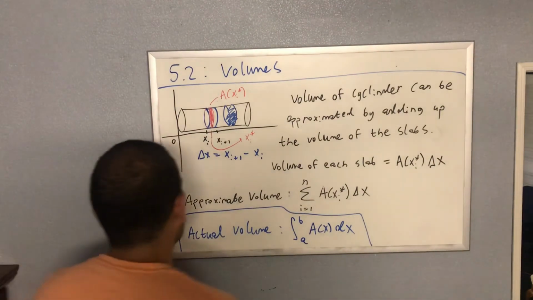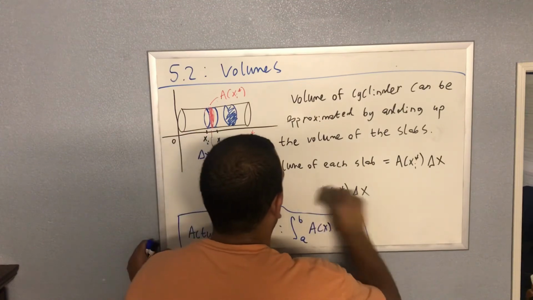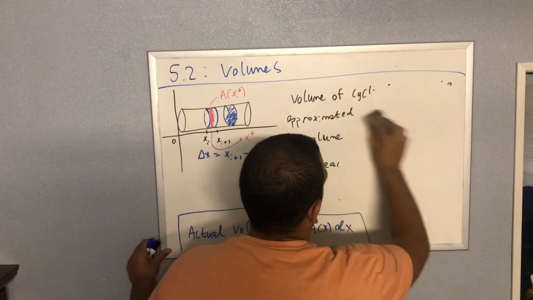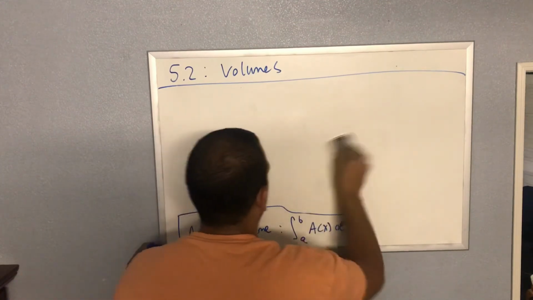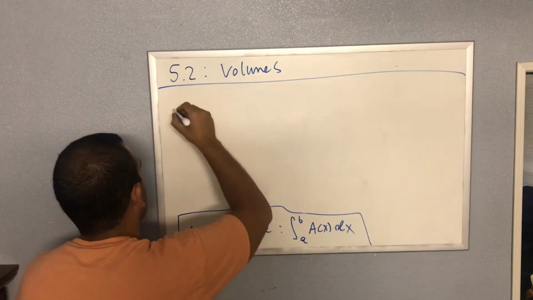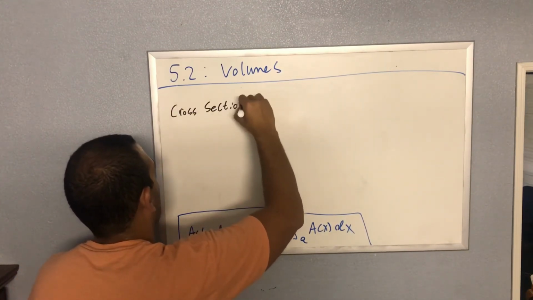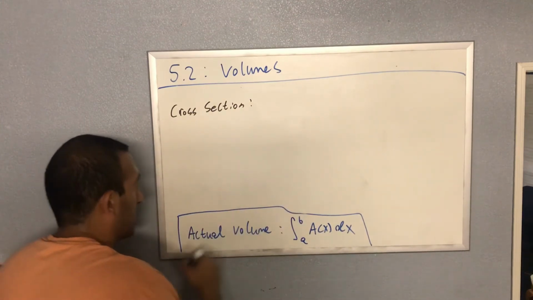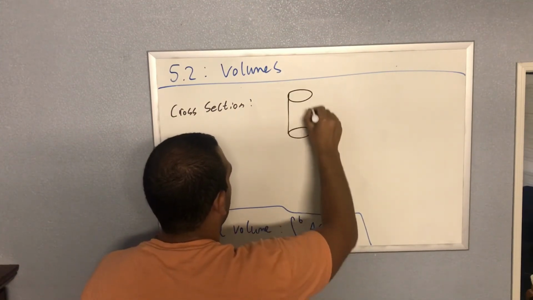So let me be a little more clear. This is the idea of a cross section. So again, let's say I take a cylinder. Let's make it upright this time.